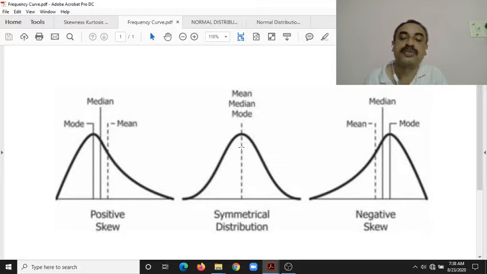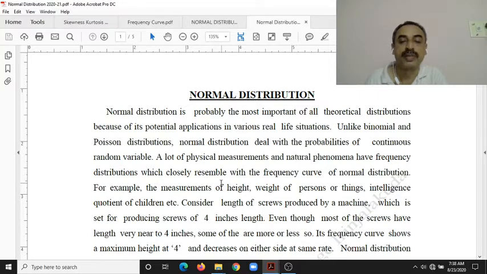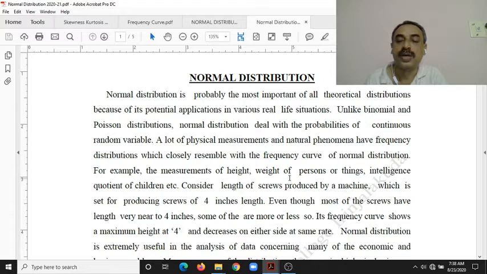Now, this type of frequency curve occurs in a lot of data sets. For example, in data sets related to measurements of height and weight of persons or things, or IQ of children, we can see that the class interval with the maximum frequency will be in the middle of the frequency table.